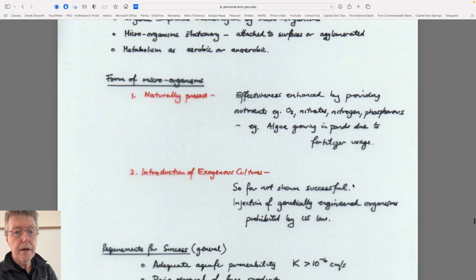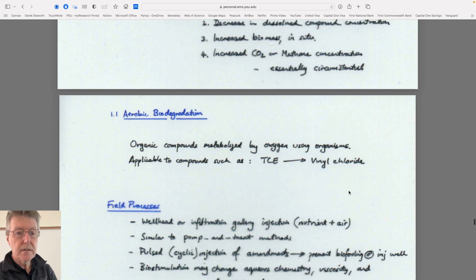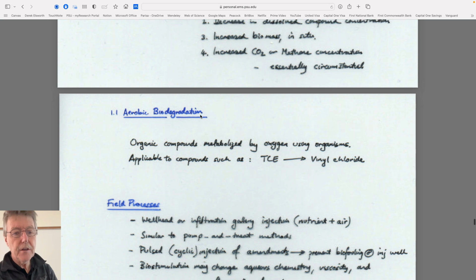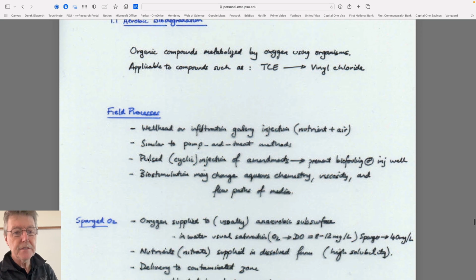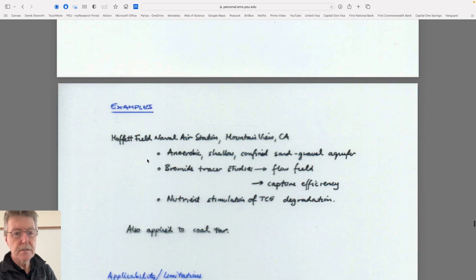So they each talk about what the topical area is, how it's implemented in the field. Actually, it's not so obvious from this.